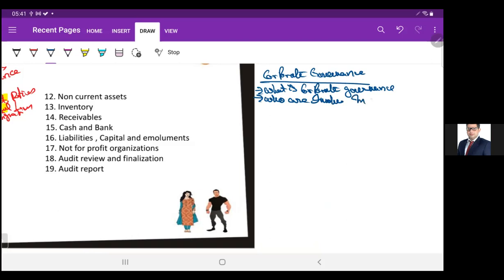We will also look at the corporate scandals which have happened in history.